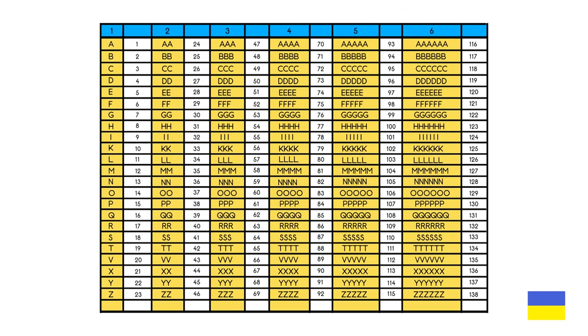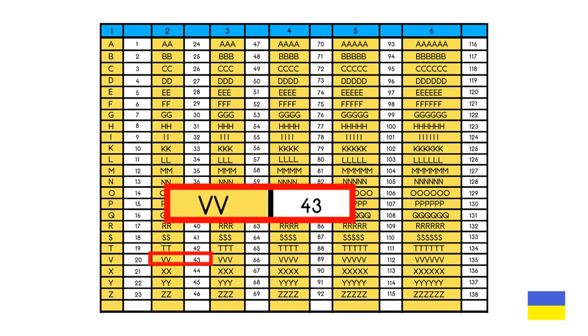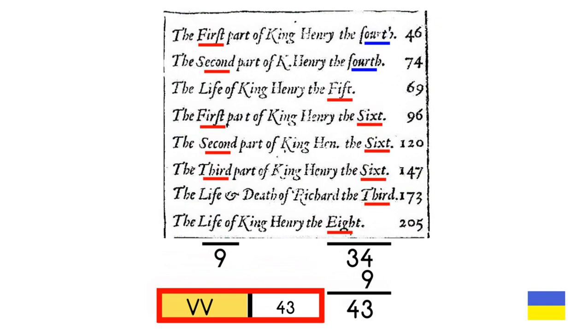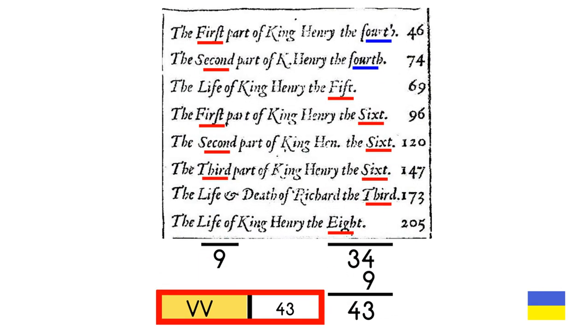Going to the Latin alphabet repeated count, we see that the value for 43 is VV. Therefore, the numbers here actually hide the initials VV in their sum.